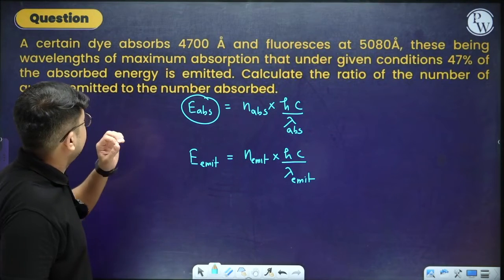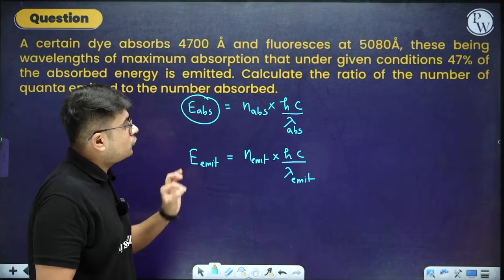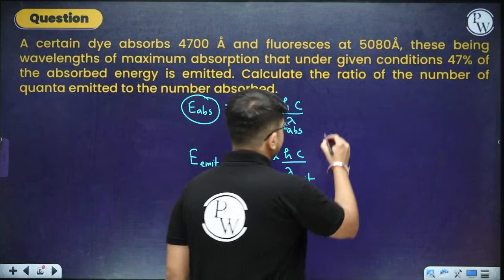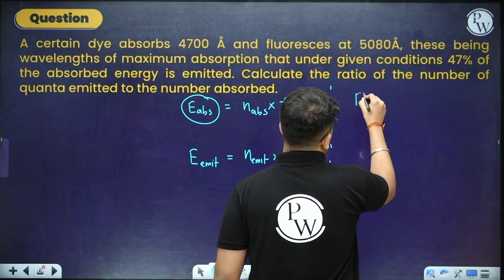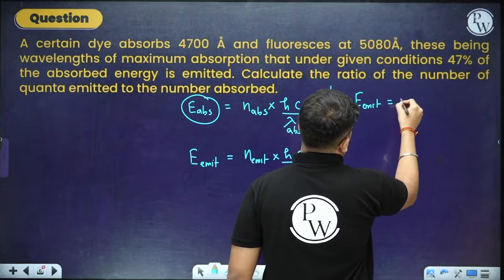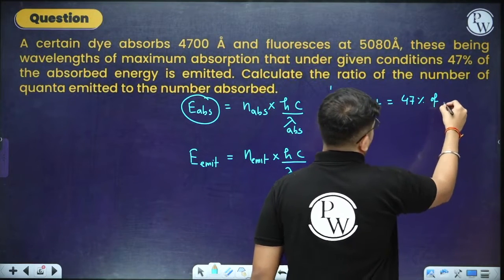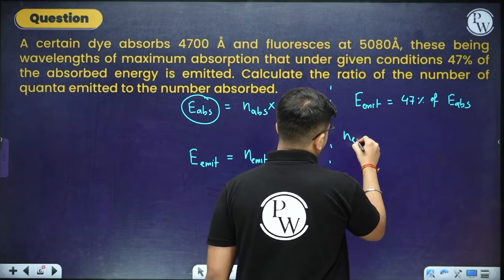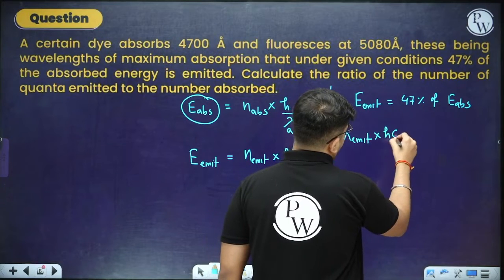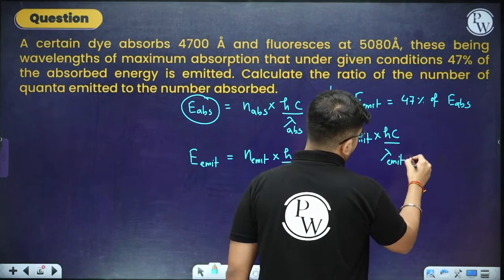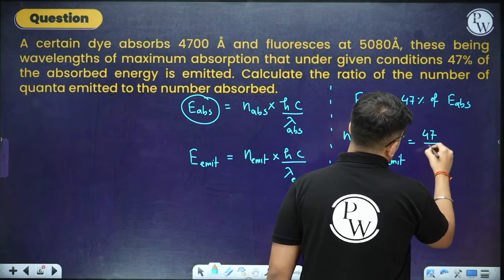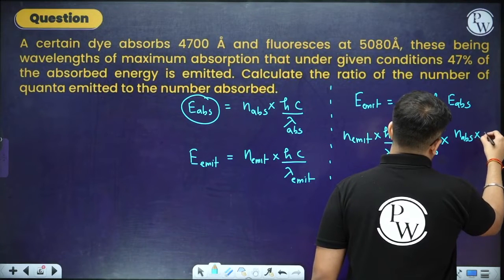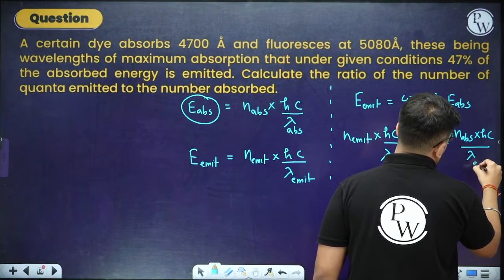Now the question says that under given specific conditions 47% of the absorbed energy is emitted. So the energy emitted will be only 47% of the energy absorbed. So n emitted multiplied by hc upon lambda emitted will be equal to 47 divided by 100 multiplied by n absorbed multiplied by hc upon lambda absorbed.